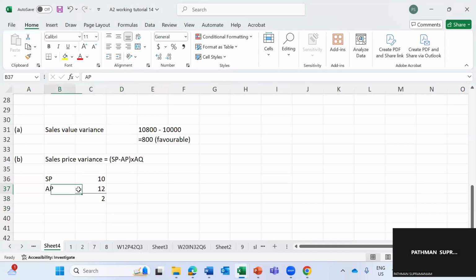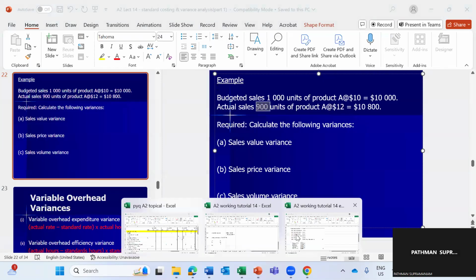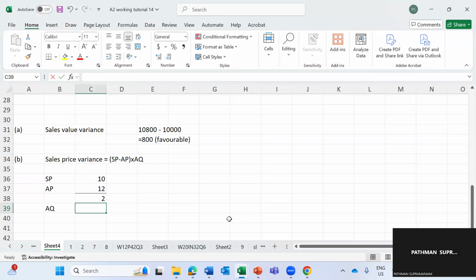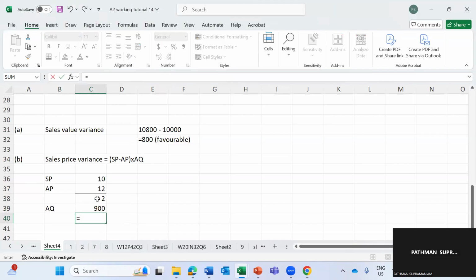Since I managed to sell the product at a higher price than I thought I could, I know the answer is going to be favorable. Now I multiply by actual quantity sold, which is 900. Multiplying 2 with 900 gives me 1,800 favorable.